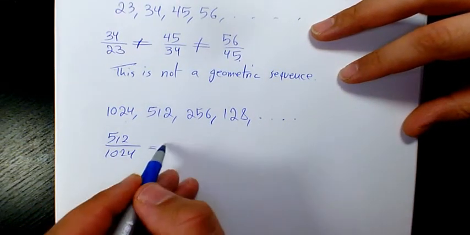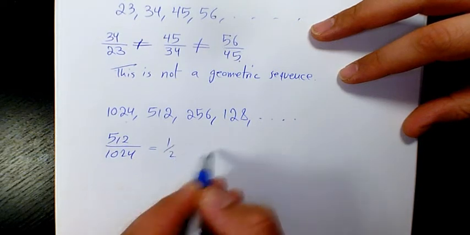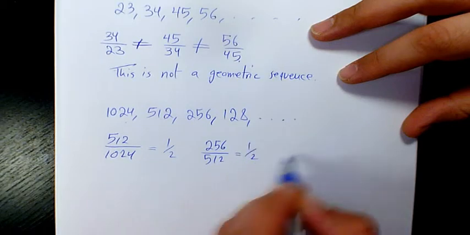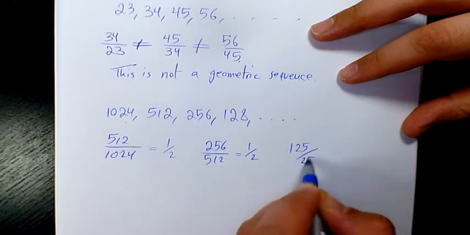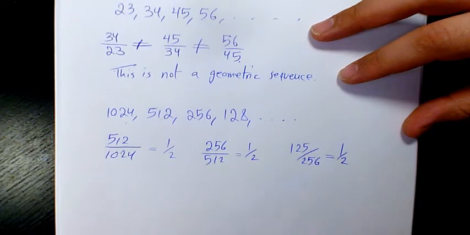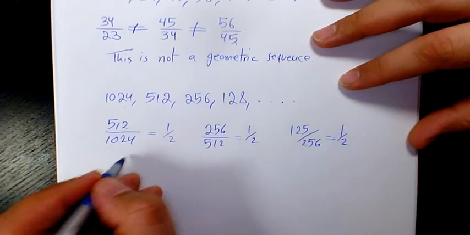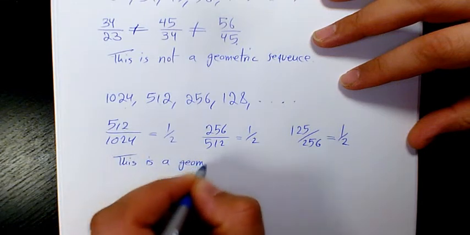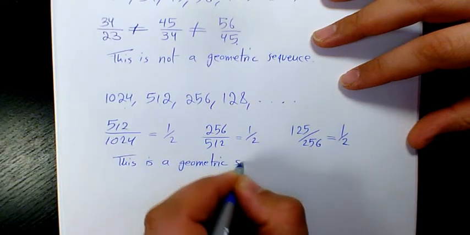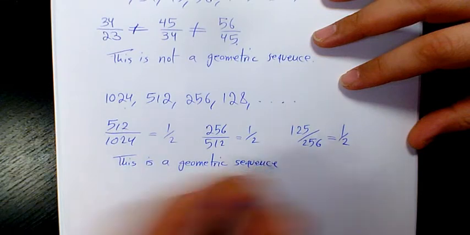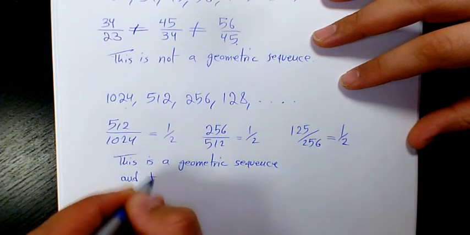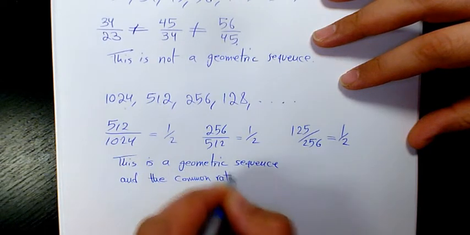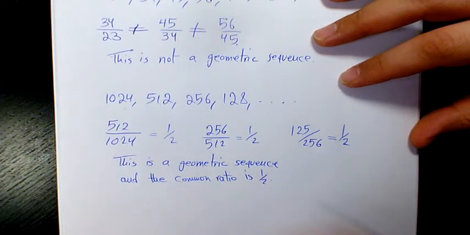If you divide that, you're going to get 0.5 or 1 over 2. 256 divided by 512, same thing, 1 over 2. 128 divided by 256 is also 1 over 2. So this is a geometric sequence, and the common ratio is 1 over 2.